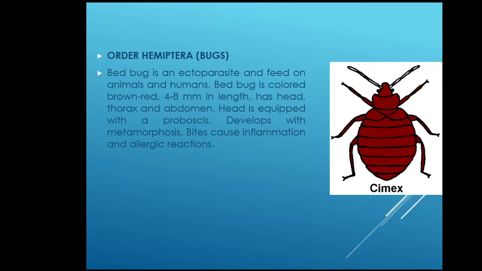The color of this bug is reddish brown. The size is nearly 4-8 millimeters. Each has a head, thorax, and abdomen. In the bed bug the wings are reduced, and each has a sucking type of mouth apparatus.